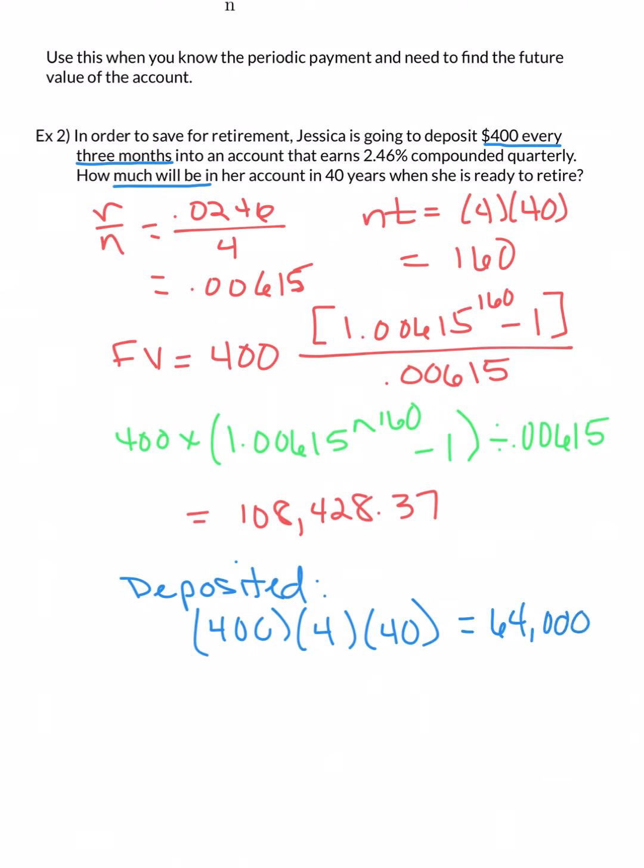So in actuality, she put $64,000 of her money into the bank. But at the end of the 40 years, she had $108,428.37. All of that extra money in that account has come from interest. She's made deposits on top of money that already had interest, and then that money earned interest, and so on, to the point where her money almost doubled because of interest.